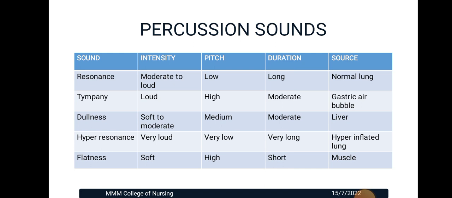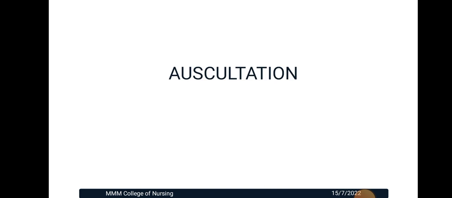Dullness: soft to moderate intensity, medium pitch, moderate duration, source is liver. Hyperresonance: intensity is very loud, pitch is very low, duration is very long, source is hyperinflated lung. Flatness: intensity is soft, pitch is high, duration is short, source is muscle.